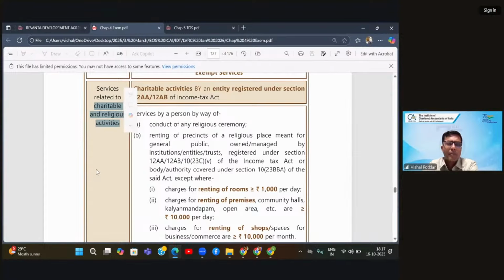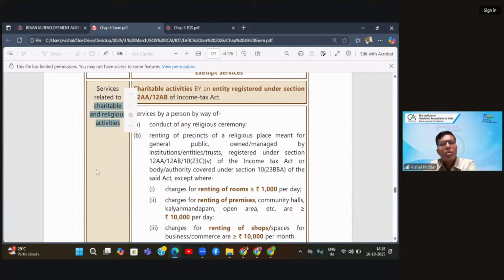So what is important to notice is that under income tax law, there is no rigid list. Yes, they have identified a few services, but that is not the only service which is exempt, because there is a generic clause called general public utility activities.